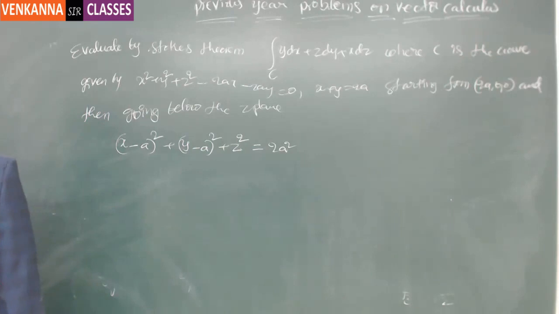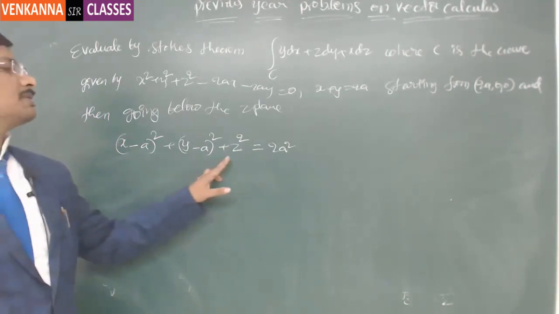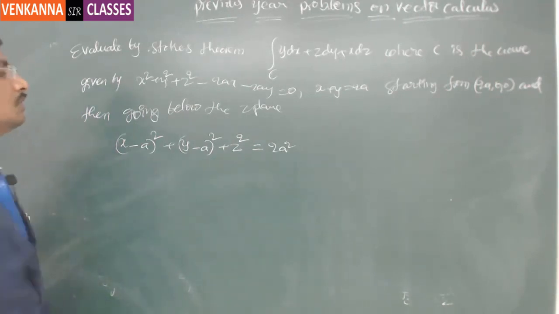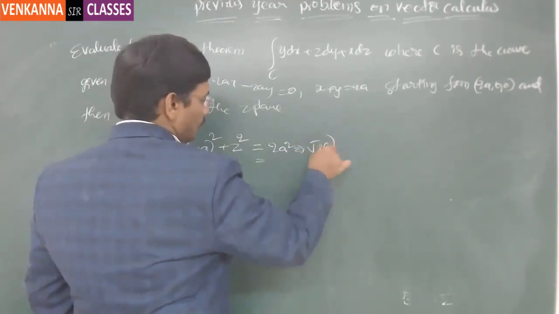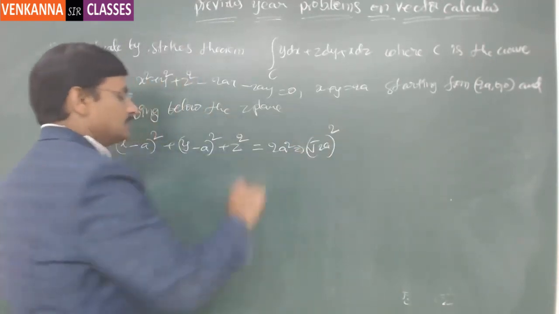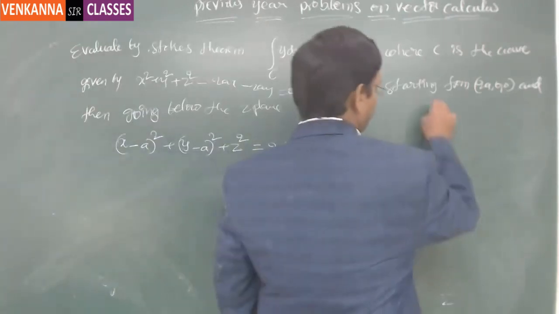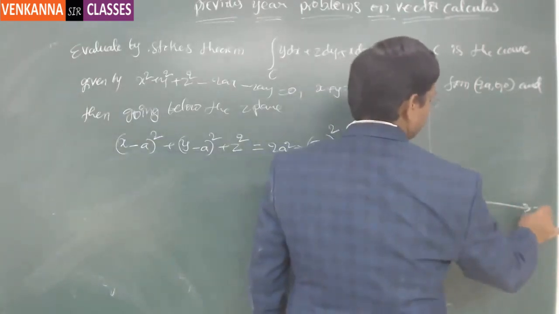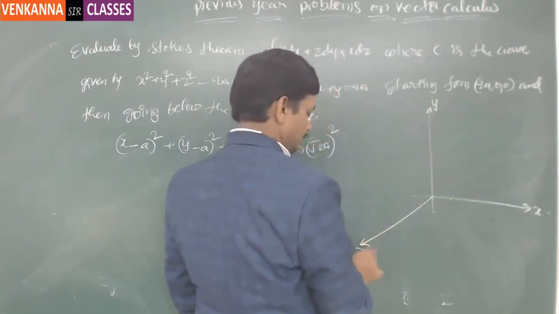I think some root 2 is not matching. Okay, let me check that. So x minus a whole square plus y minus a whole square plus z square is equal to 2a square, or I can write this as root 2a whole square. That means this is a sphere of radius root 2a. Now let us say this is the x-axis, this is the y-axis and this is the z-axis.